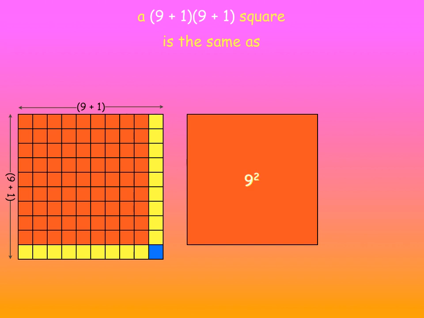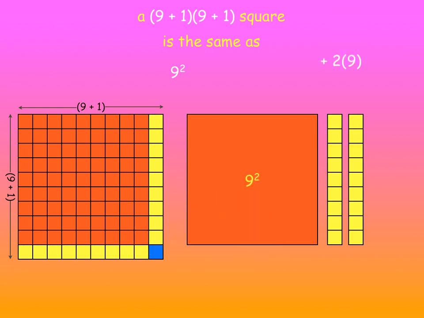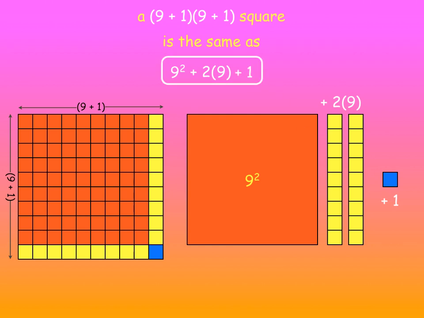9 squared plus 2 times 9 plus 1. 9 squared plus 2 times 9 plus 1.